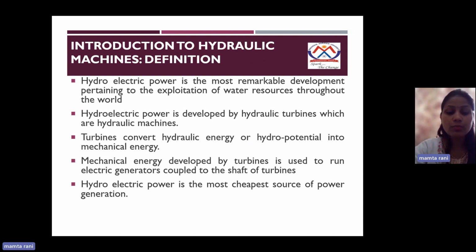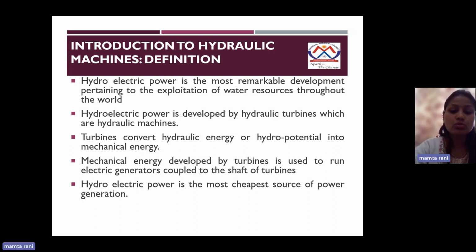Water can store potential energy, which is the energy stored in a body due to its position or elevation relative to a reference point. When the water falls from a higher elevation to a lower elevation, it gives kinetic energy, which is the energy of motion. The kinetic energy of the falling water is used to drive the turbine and generate electricity.